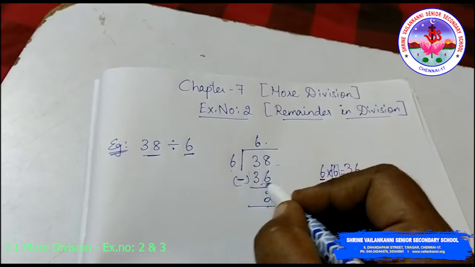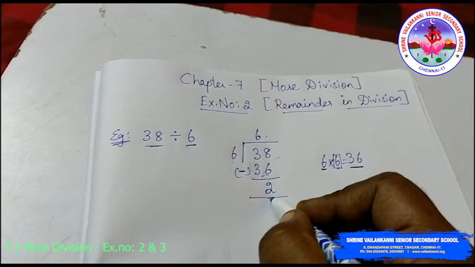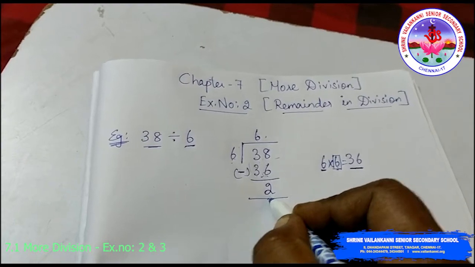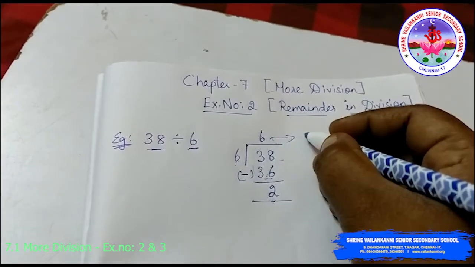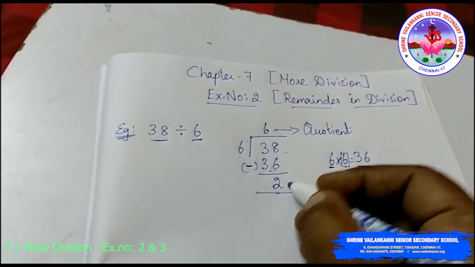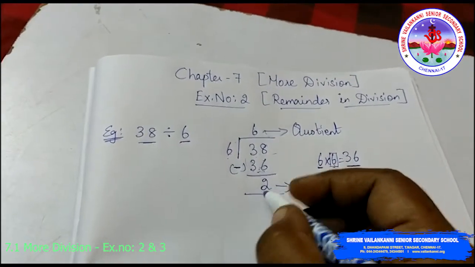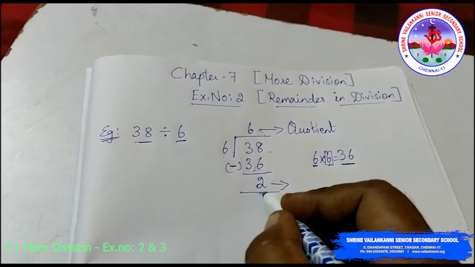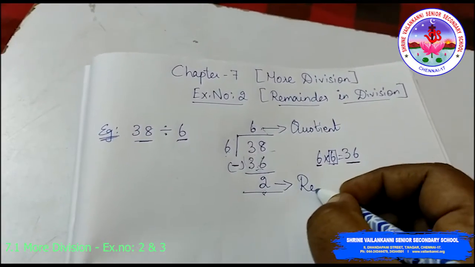After the subtraction you get the balance as 2. This 6 you call the quotient, and this 2, the balance after subtracting, you call the remainder.